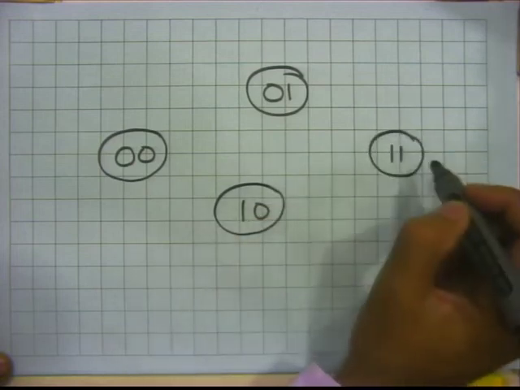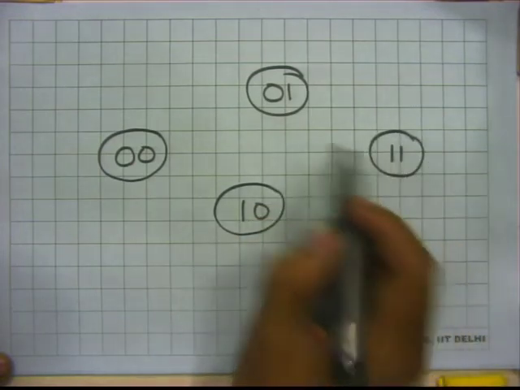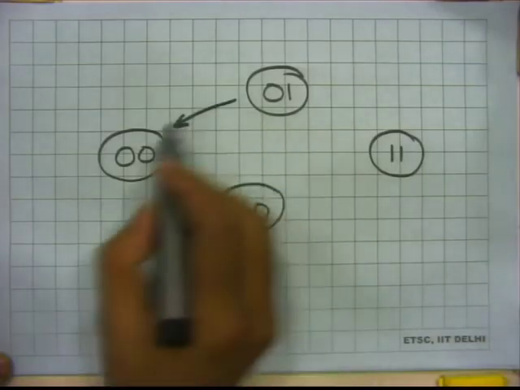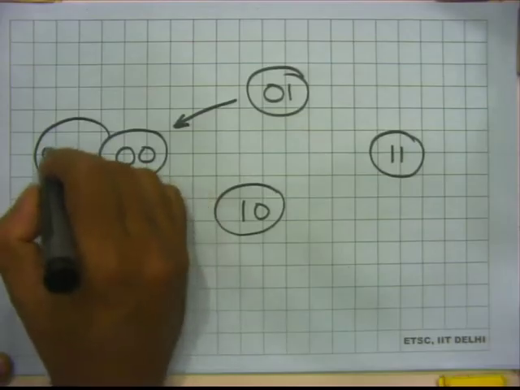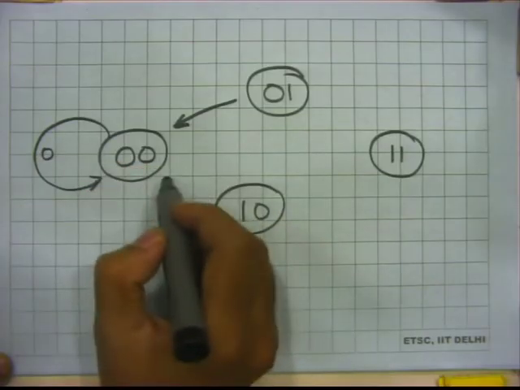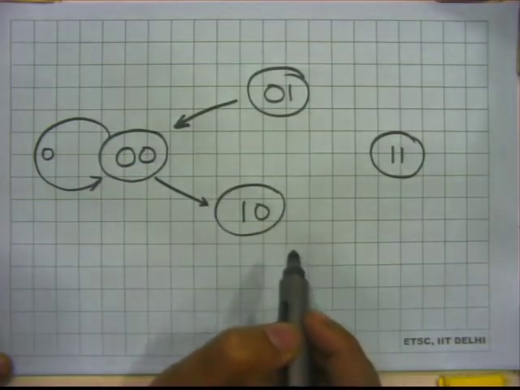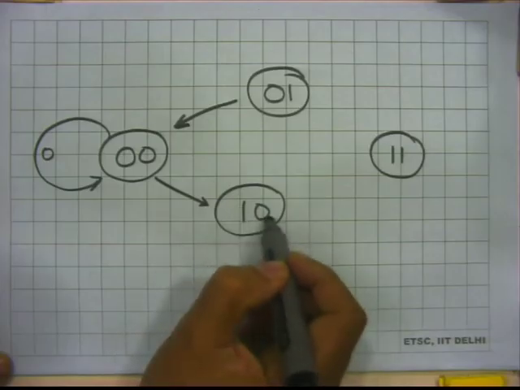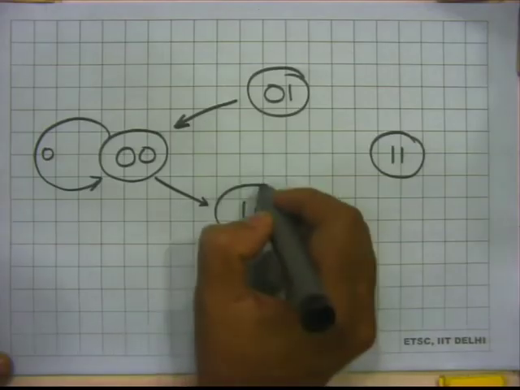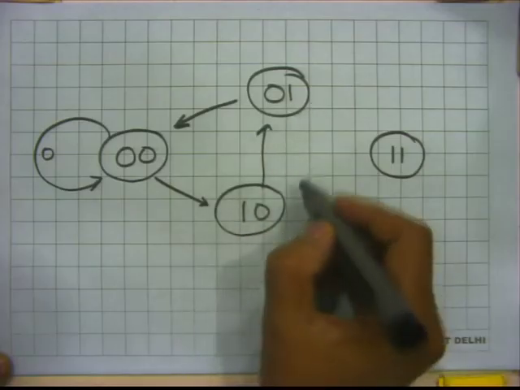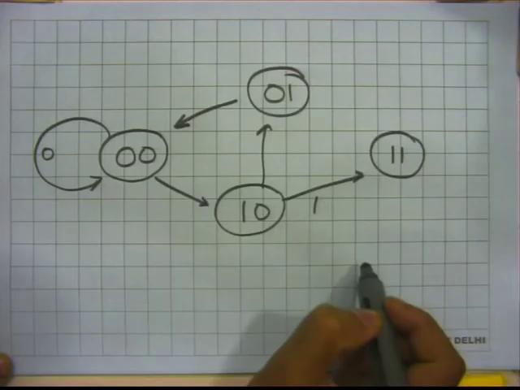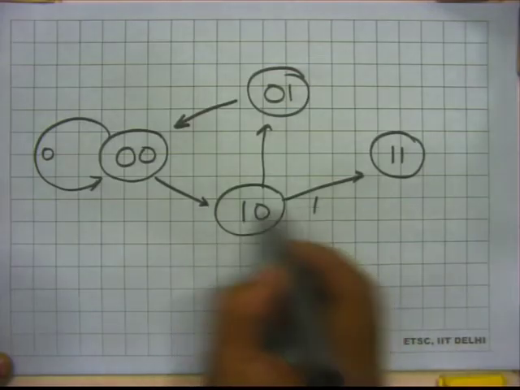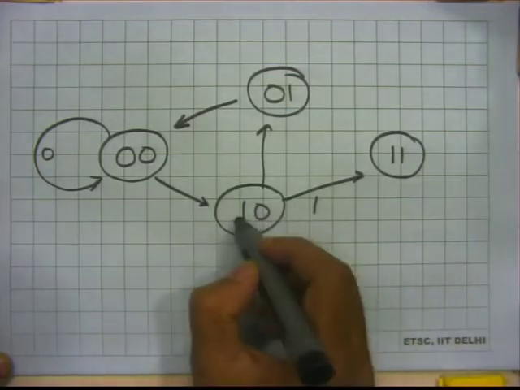So, we have only 4 states, and we can see that depending upon whichever state you are sitting in, if a 0 comes in, your state does not change, but if a 1 comes in, your state changes. If you are sitting in state 1 0 and if a 0 comes, you become 0 1, but if a 1 comes, you become 1 1, because the older bit will be thrown out, this bit will be shifted here and a 1 bit will be shifted in the first place.